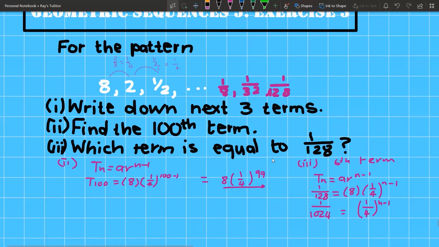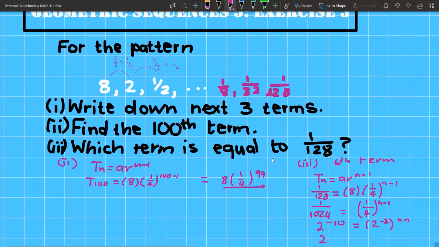What we're going to do is write this with a base of 2. So we factorize, and 1 over 1024 is 2 to the power of minus 10. And then a quarter is 2 to the power of minus 2, to the power of n minus 1.